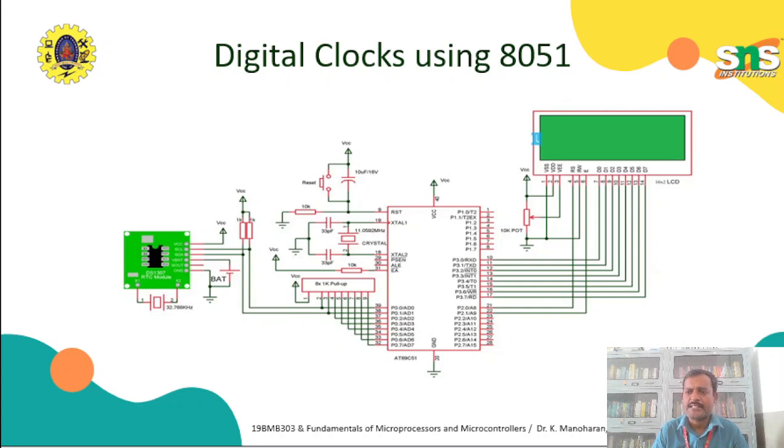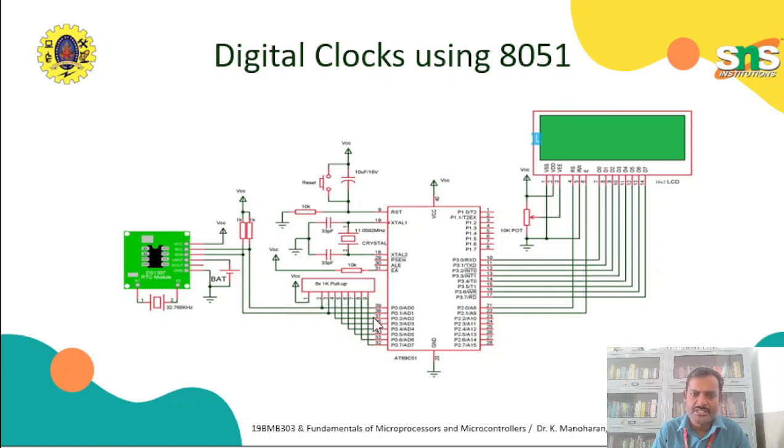We are using the I2C protocol for interfacing this RTC with the 8051 microcontroller for transferring the information. For the RTC information, the best choice is the I2C protocol, because we need the time, seconds, and all other information like day, month and year, everything we can get from the RTC.